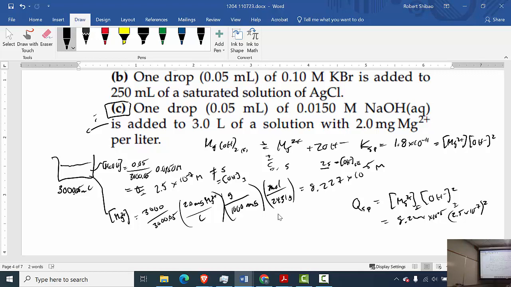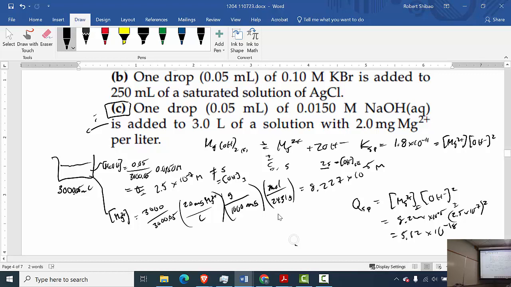I'm going to try to punch this into my phone one more time. 2.5 times 10 to the negative 7, square that, times 8.2 times 10 to the negative 5th. Gives me 5.12 times 10 to the minus 18.